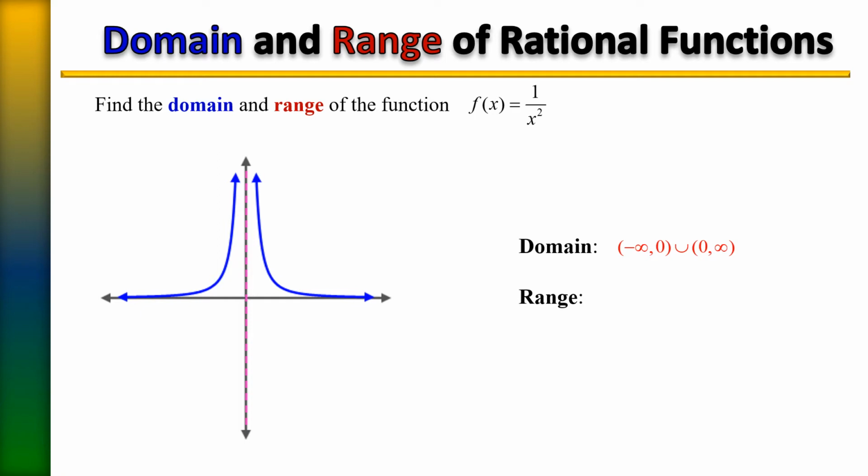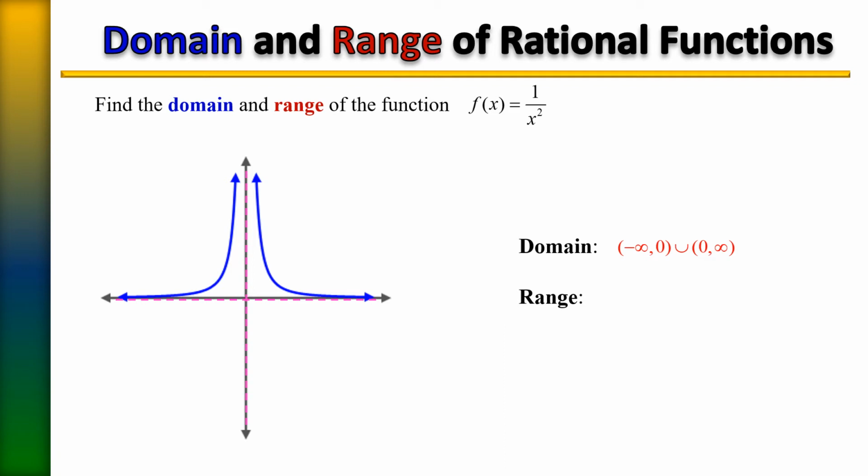And now for our range, our asymptote, yes, it is y equals 0, but our range is not going to be the same as the domain here. So for our range, we want to know how far does this graph extend both up and down? Well, the graph never goes below the x-axis there.